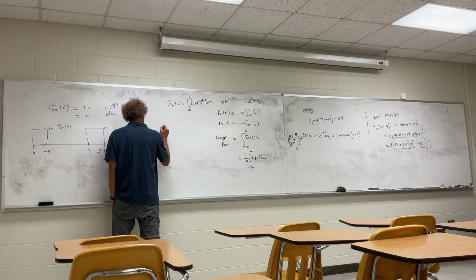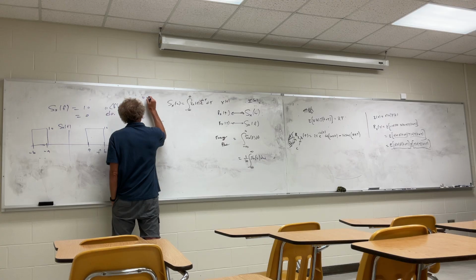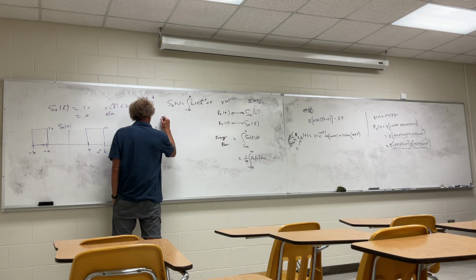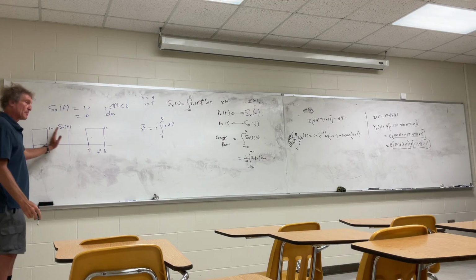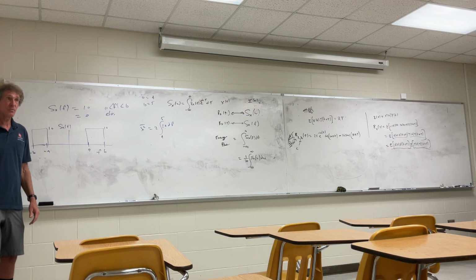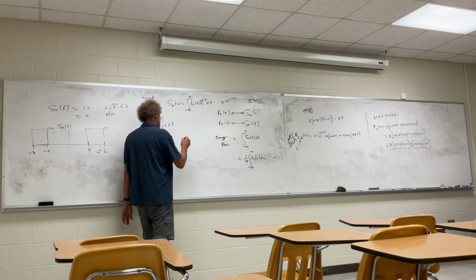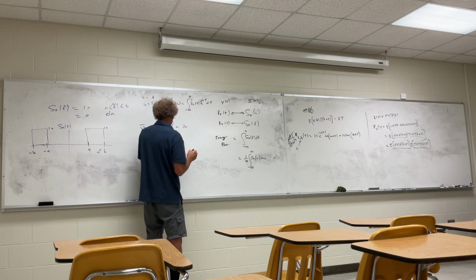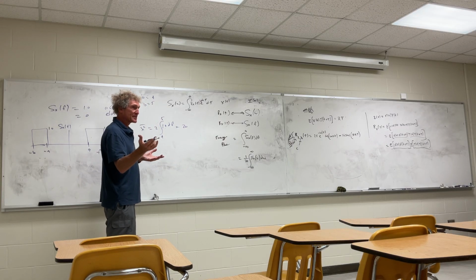That would be equal to 2 times the integral from 4 to 5 of 10 df. And by the way, I put a 2 there because whatever happens here is identical to what happens here in terms of the area under the curve. I get 10 from 4 to 5, and 10 times 2 is 20. It's that easy.